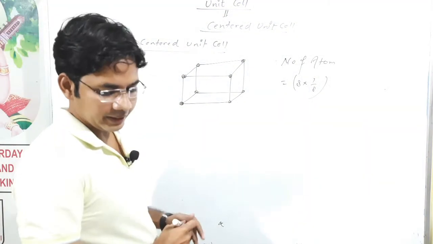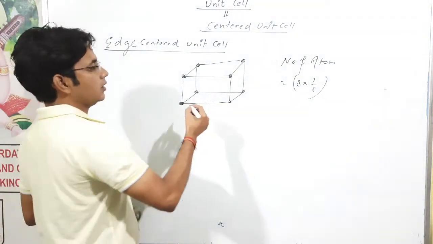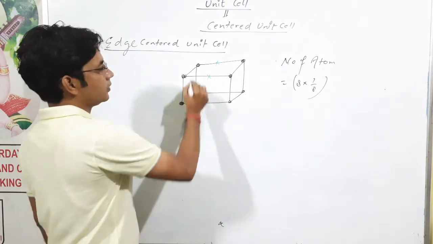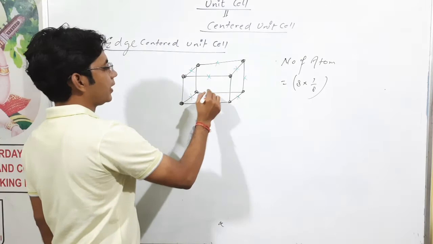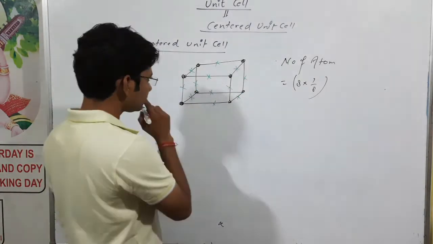Since it is an edge centered unit cell, atoms will also be present at the edges of the unit cell. So there is 1 atom here, a 2nd atom at this edge, and so on.